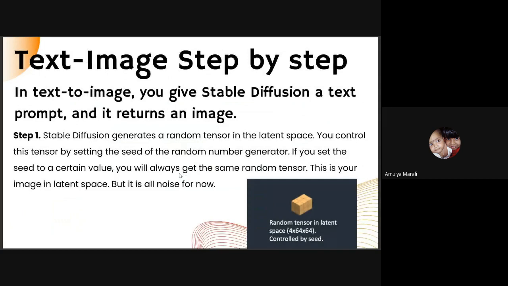Later, I'll actually explain. Okay, now whatever we studied so far with image to image, now we'll try and understand the whole thing with text to image. As I already told you, the latent diffusion model generates these random tensors in latent space.